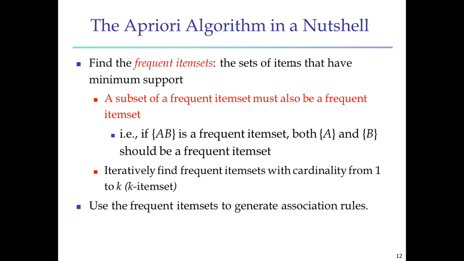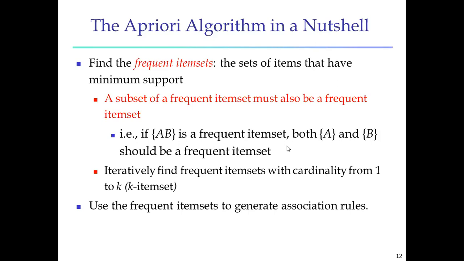Whatever support threshold is given, it should be satisfied by the individual items also. Then only do they become a frequent item set with this minimum support. If each individual item crosses the threshold, then their combination also satisfies the minimum threshold condition.